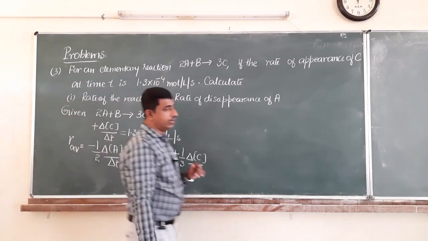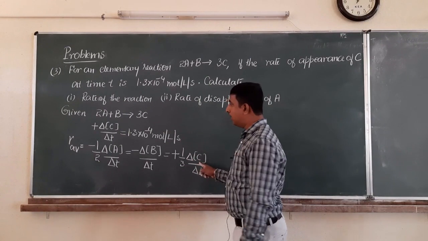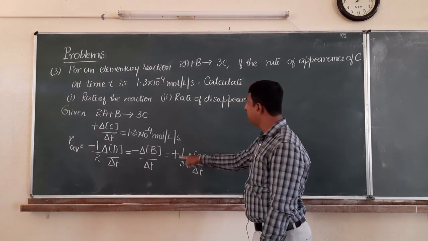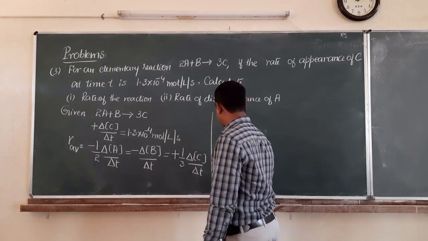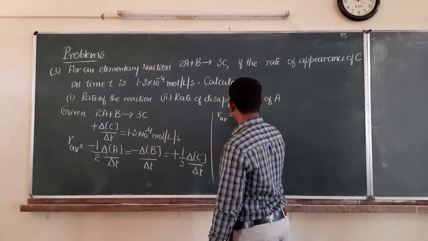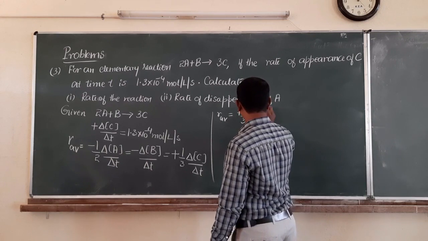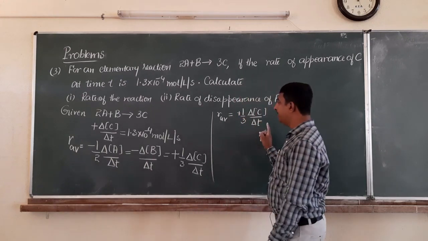First we shall calculate the rate of the reaction. For calculating the rate of the reaction, I can take any expression. Since the rate of appearance of C is given, I will take the third expression, that is the average rate, equal to 1 by 3 delta concentration of C by delta T. Why did I take C?